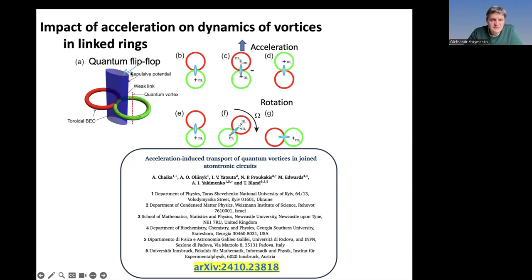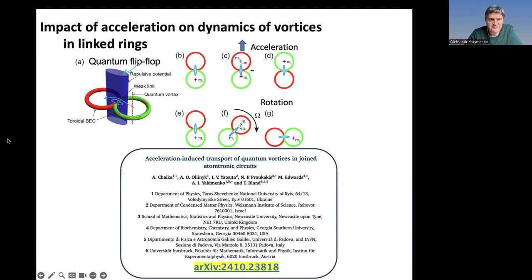some external potential to make some region with decreased density, and then due to some perturbations, the vortex can drift from one ring to another, and you make the measurement. So if you can see this transfer in this flip-flop, you can measure some effects like rotation or maybe acceleration.